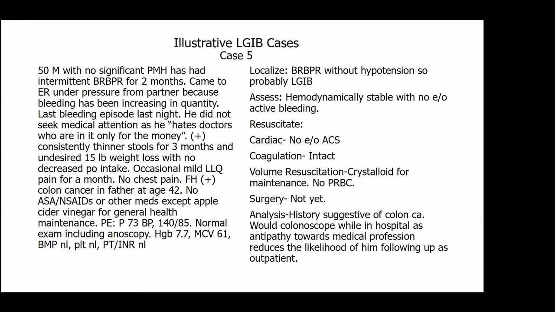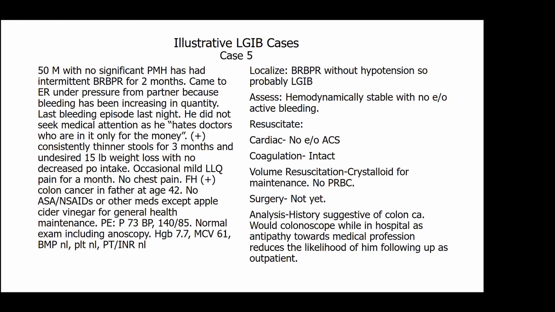He did not seek medical attention up until now as he, quote, hates doctors who are in it only for the money, close quotes. Also, his stools have been consistently thinner for the past 3 months. He has had an undesired 15-pound weight loss with no decreased oral intake. For the past month, he has had occasional mild left lower quadrant pain.